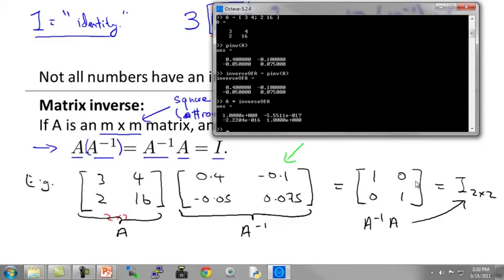So A times the inverse is essentially the identity matrix. I can also verify inverse of A times A is also equal to the identity, with ones on the diagonals and values that are essentially 0 except for a little bit of round-off error on the off-diagonals.